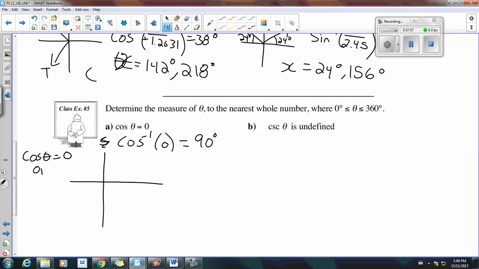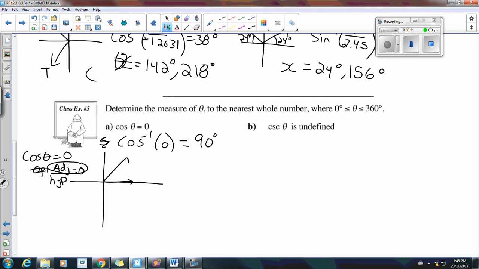This means that the adjacent side over the hypotenuse, when we divide those, we get 0. Where is the adjacent side equal to 0? It has to be the adjacent side that's equal to 0. That's the only way we're going to do a division and get an answer of 0. Well, the adjacent side is equal to 0 when there is no x value here.